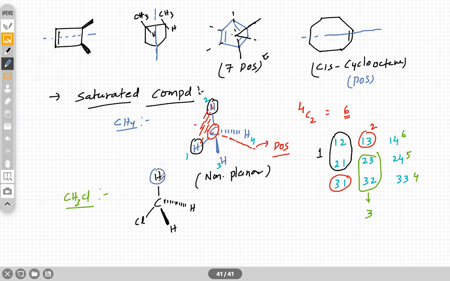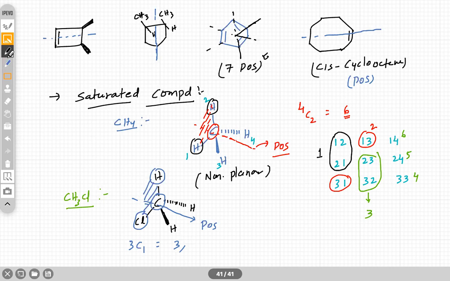So this one, and this one, consider a plane with these three atoms here, and along this plane, like this, we'll have a plane of symmetry, POS. So the number of POS in this case would be 3C1, as we have 3 hydrogens it can associate with, and that would be 3 planes of symmetry possible here.